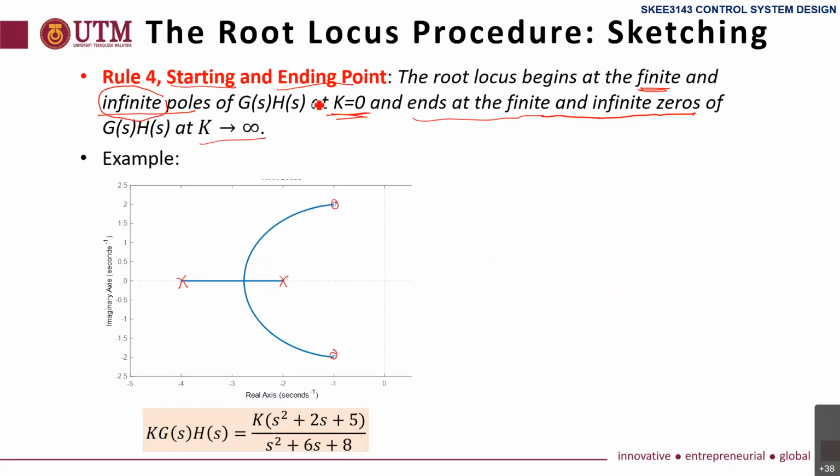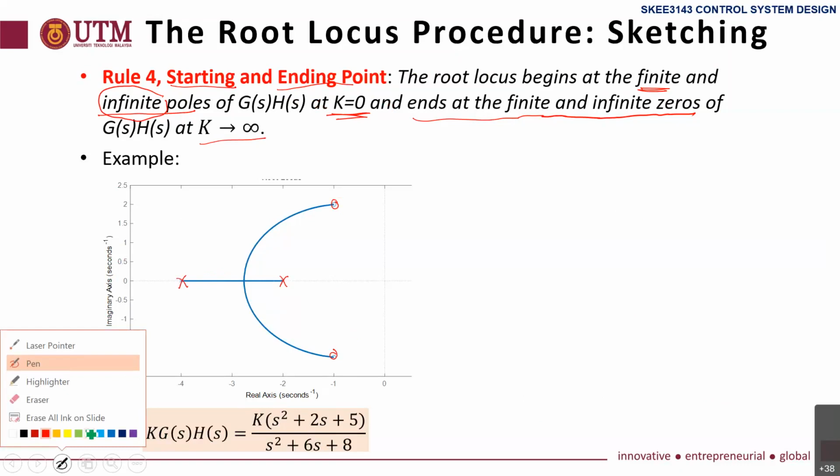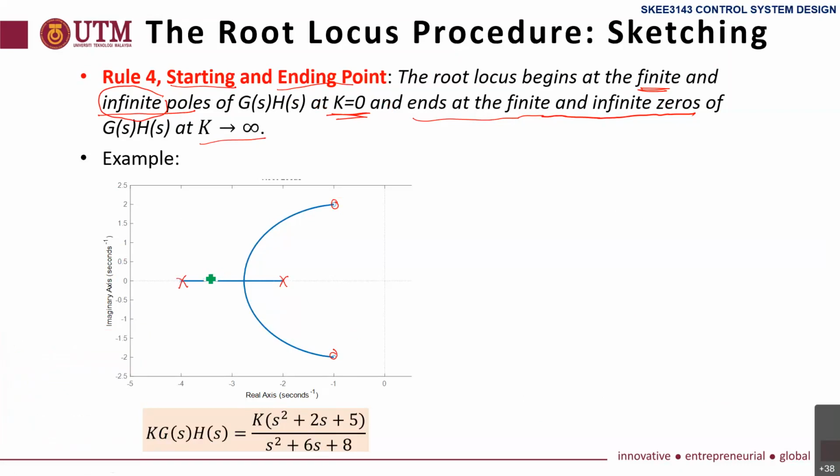From here, the root locus will start from the poles. So we will have an arrow from here, from the pole, and also from here, from the pole. We will need to put the arrow.